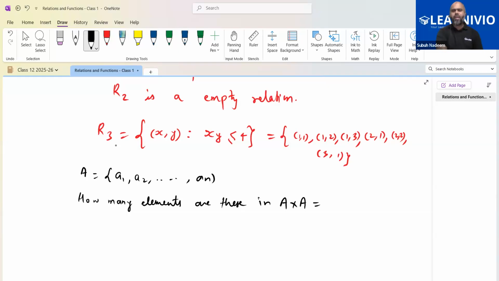A cross A means you are mapping each element of A with each element of A. So that will be n into n, that is n elements in A into n elements in A.